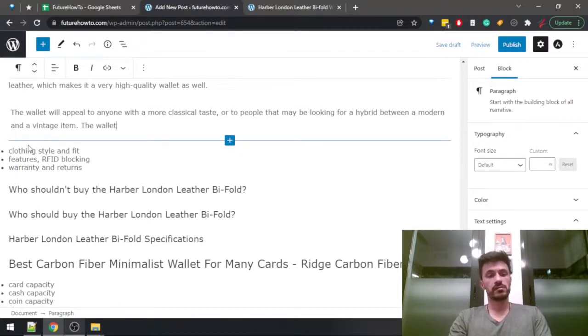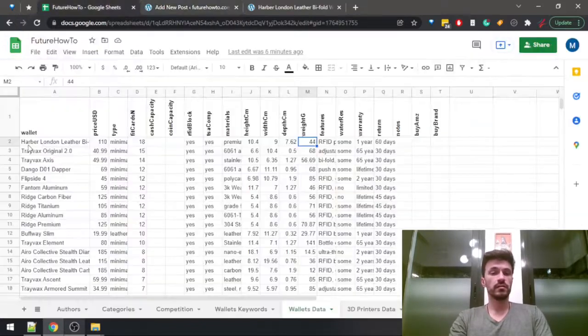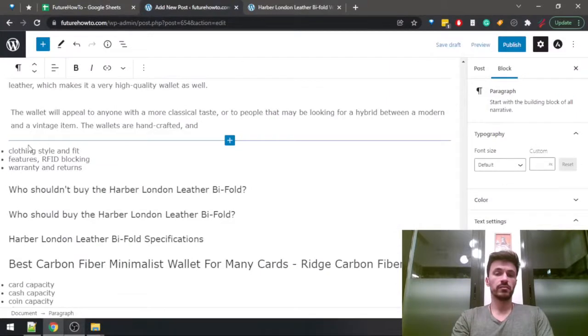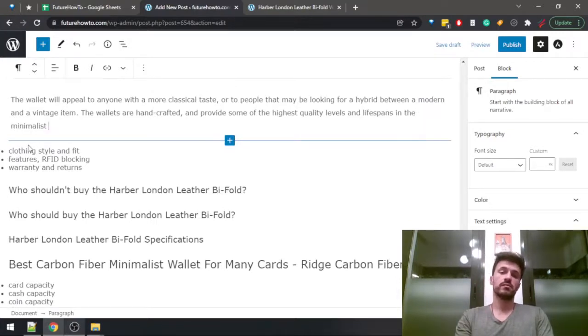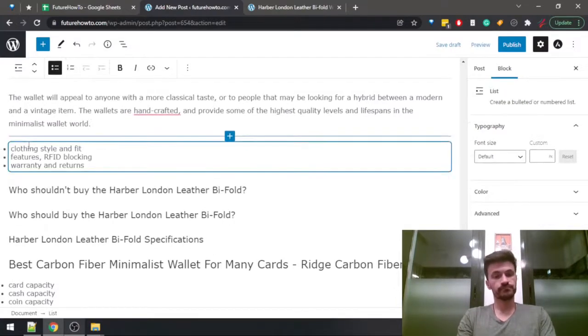The wallets are handcrafted and provide some of the highest quality levels and lifespans in the minimalist wallet world.